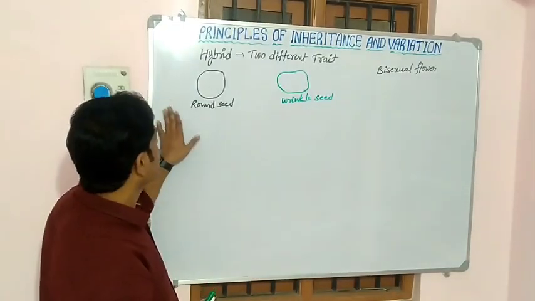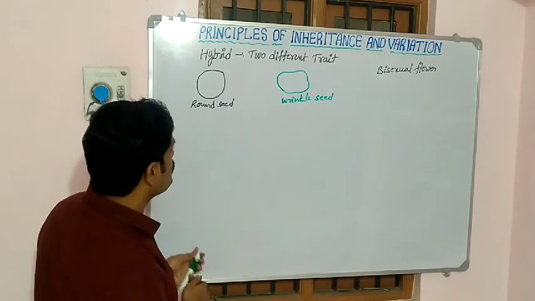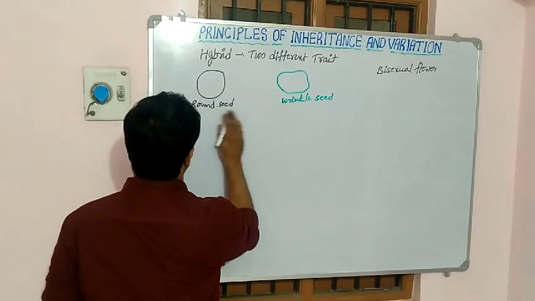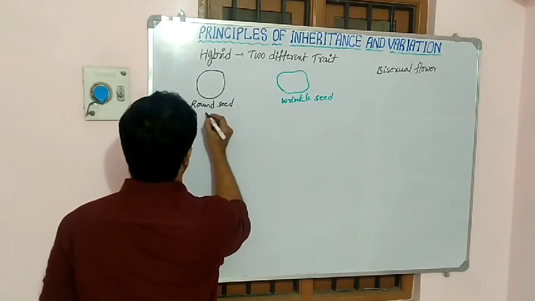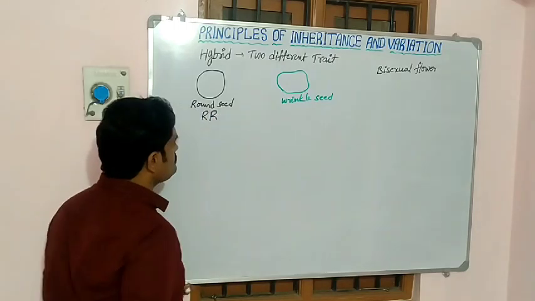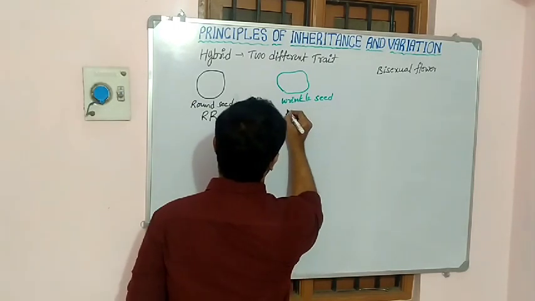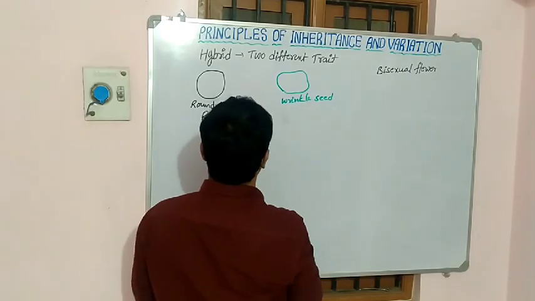Okay, coming to the point. The round seed consists of which kind of genes, which type of factors are present here? Capital R and capital R. Here wrinkled means small r and small r.